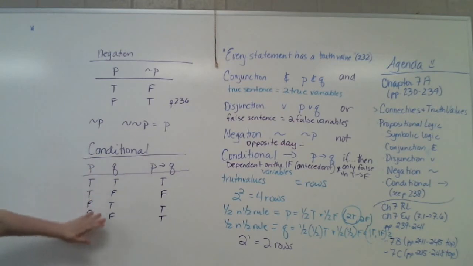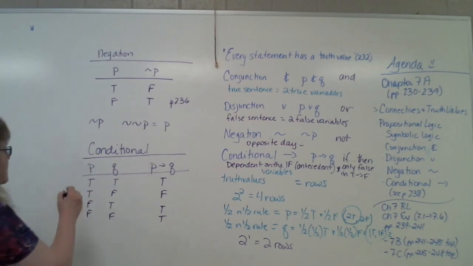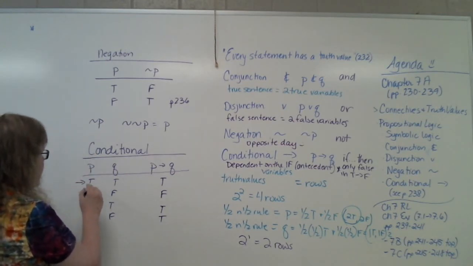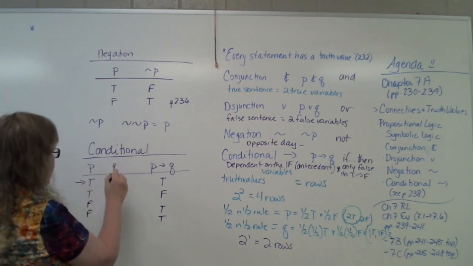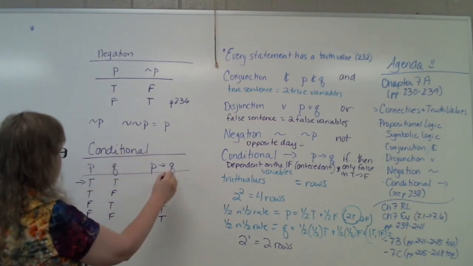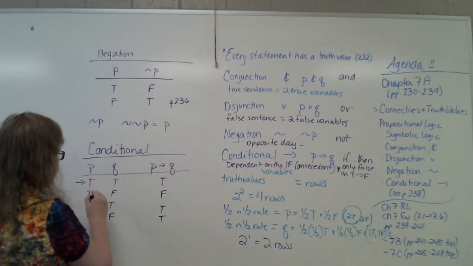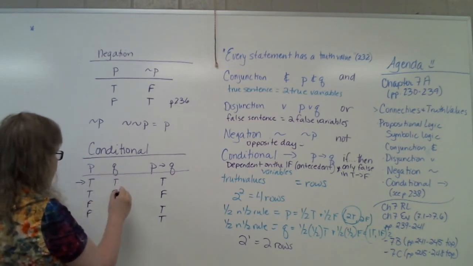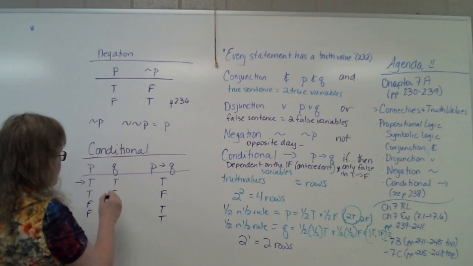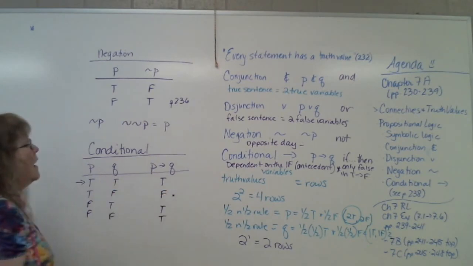Now, we fill it out this way, but we're reading it this way, okay? So if P is true, then Q is true. Our whole statement is true. If P is true, then Q is false, we get a false statement.